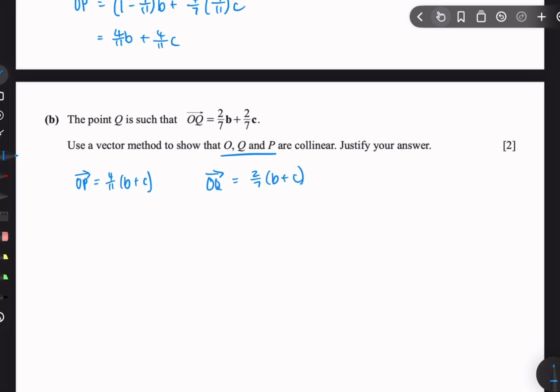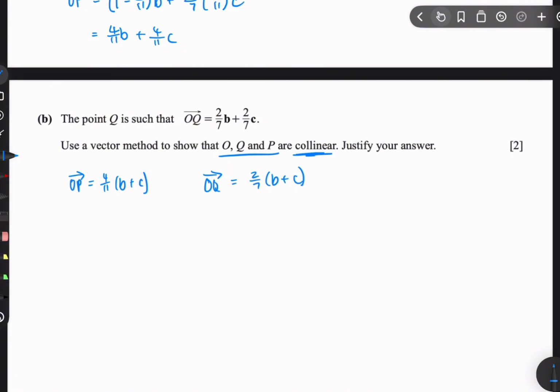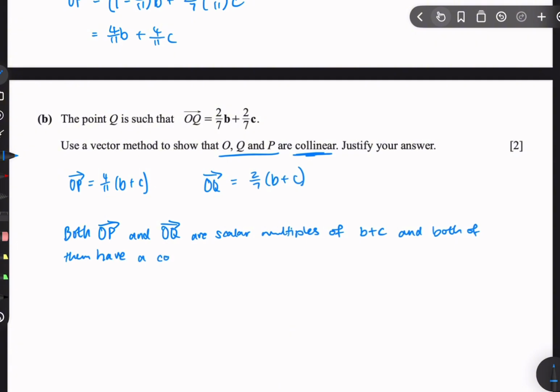The reason why OQ and P are collinear is because both OP and OQ are scalar multiples of B plus C. And both of them have a common point, which is O. So OQ and P are collinear.